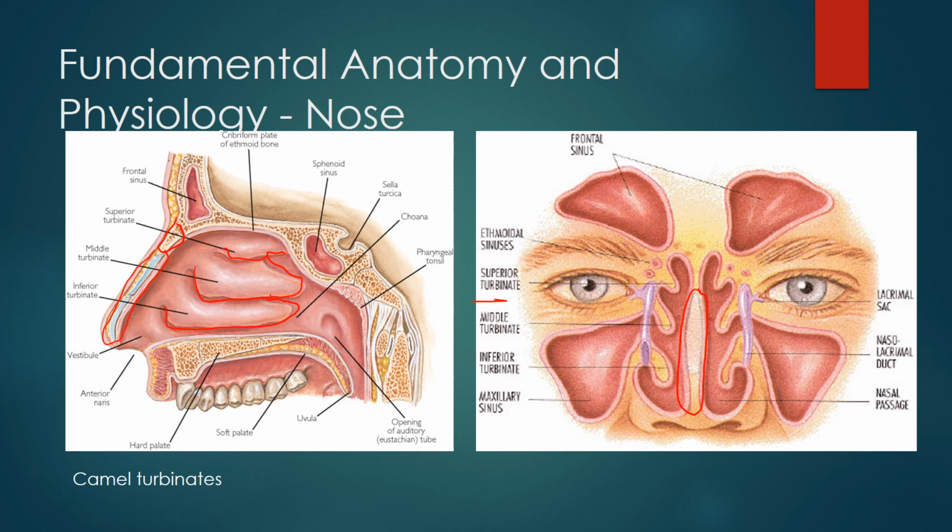They're also covered in mucosa, so they increase the surface area within the nose to maximize the humidification and warming of the air that we breathe, so that whether we're in a cold or hot environment, or a very dry environment, by the time the air reaches our lungs, it should have reached body temperature of around 37 degrees, and it should be 100% humidity as well. These turbinates, as well as increasing the surface area, also create turbulent flow of air within the nasal cavity.